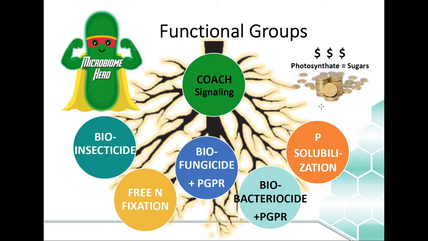For example, how the plant will convert inorganic nitrogen to amino acids and proteins. And then there's the biofungicidal group, keeping out fungal pathogens. The group responsible for keeping out bacterial pathogens. And then also, as we mentioned before, the group involved in phosphate solubilization, but also the conversion of that phosphate into the energy molecule ATP.